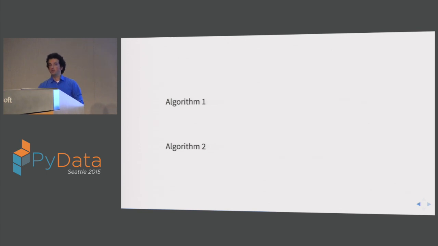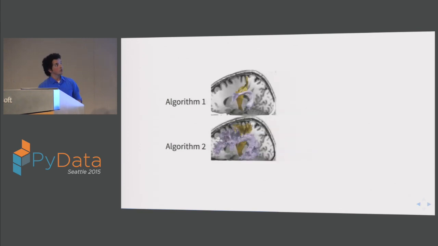For example, if you use two different algorithms, you might get quite different views of the brain. These are two different algorithms that both apply to the same data. So this is the same connection that I talked about at the beginning between the temporal lobe and the frontal lobe.